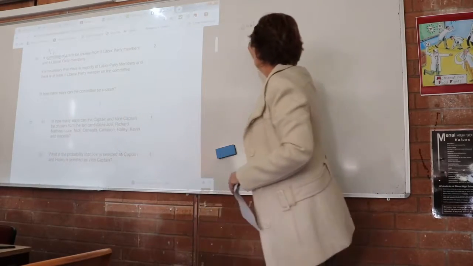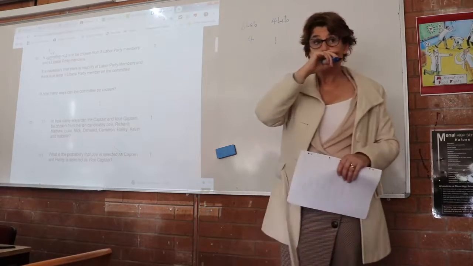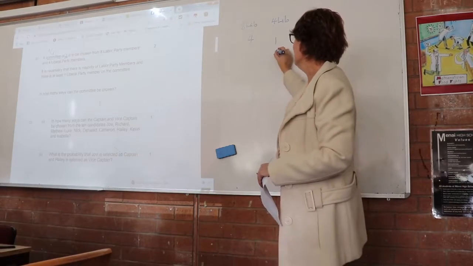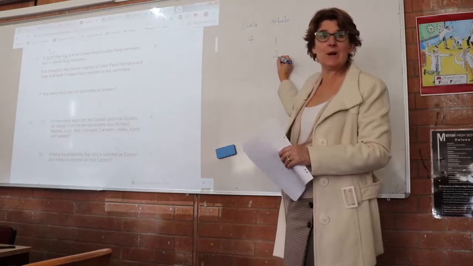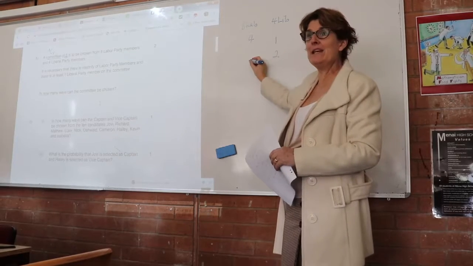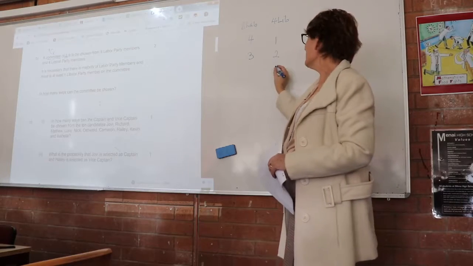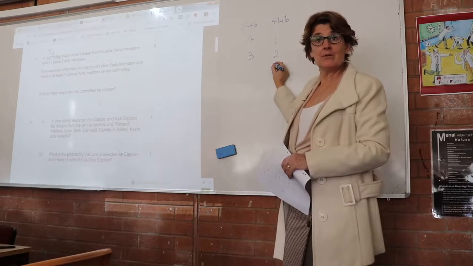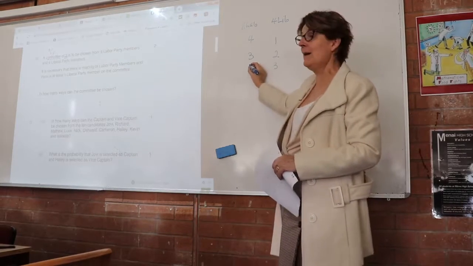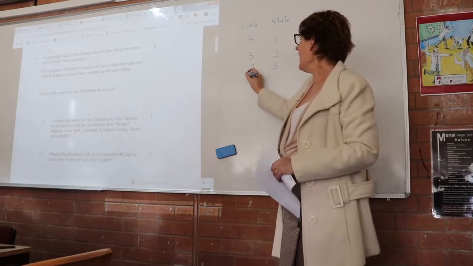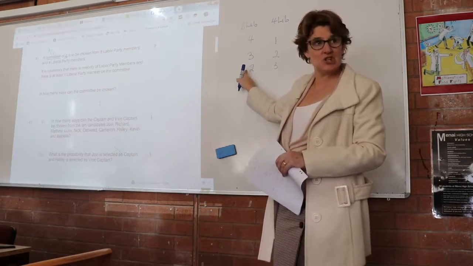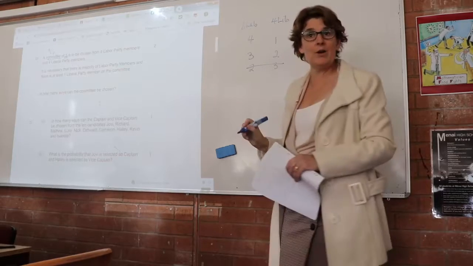But I could have 2 Liberal, because it says at least 1 Liberal. If I have 2 Liberal, how many Labor do I have? 3. Could I go as far as having 3 Liberal? If I have 3 Liberal, how many Labor? 2. And I must have a majority of Labor, so that one won't work.